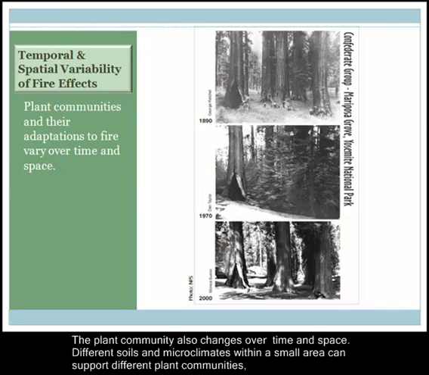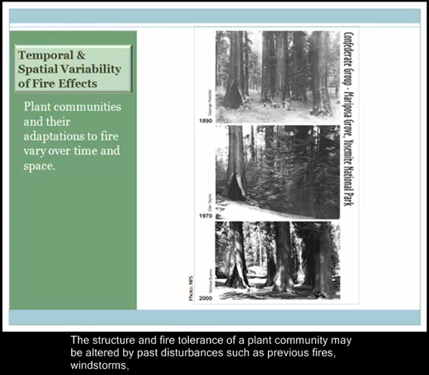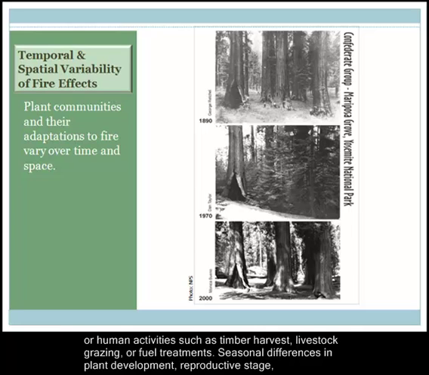The plant community also changes over time and space. Different soils and microclimates within a small area can support different plant communities, which in turn may have varying degrees of fire resistance. The structure and fire tolerance of a plant community may be altered by past disturbances such as previous fires, windstorms, or human activities such as timber harvest, livestock grazing, or fuel treatments.